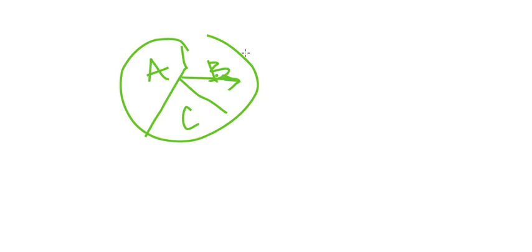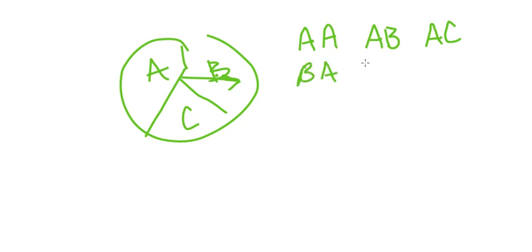Well, basically, when you create the sample space, you could get A and then A, you could get A and then B, you could get A and then C, you could get B and then A, B and then B, and so on. So there are 9 total things you could get there, so I hope that helps.